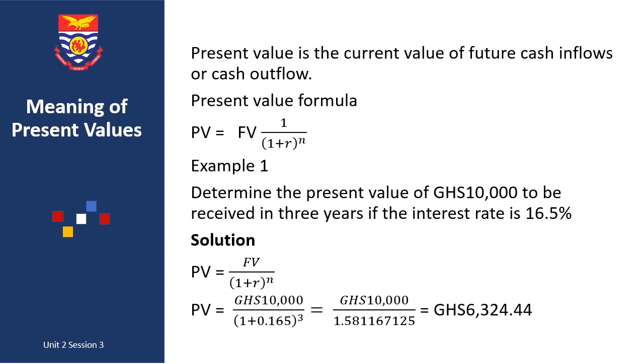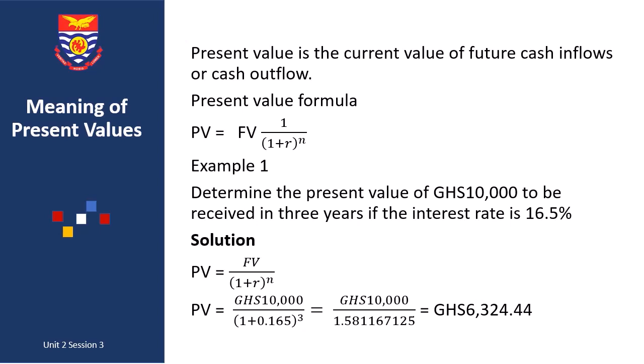The r represents the interest rate or the cost of capital, and the n is the period or the number of years. So if you are in year 3 and you want to convert it to year 0, it means n will be equal to 3 years.